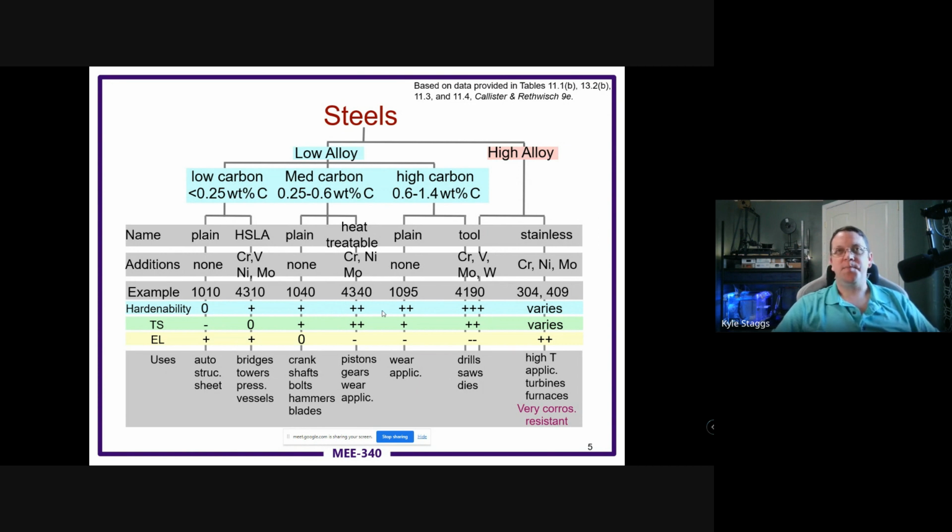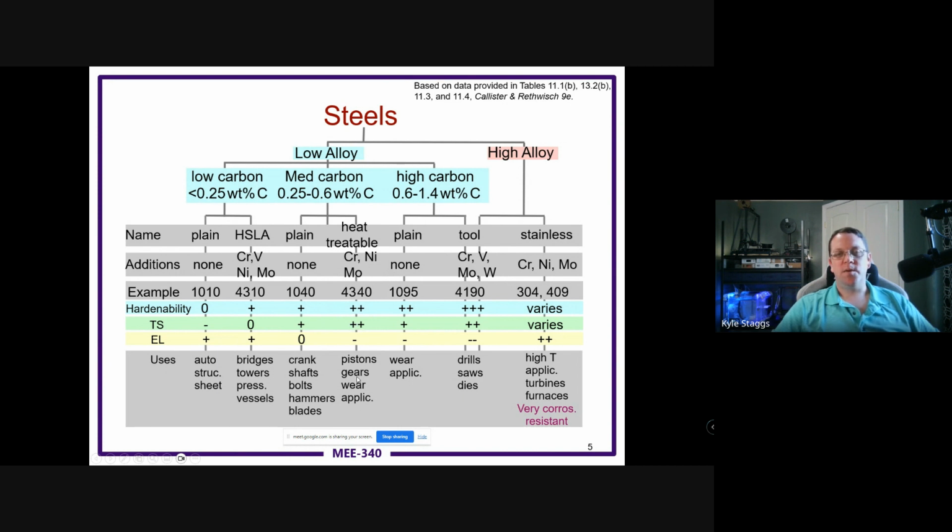So gears and wear applications, 4340. The addition of the chrome, nickel, and molybdenum makes these very highly hardenable, and they're very, very good in tensile strength.